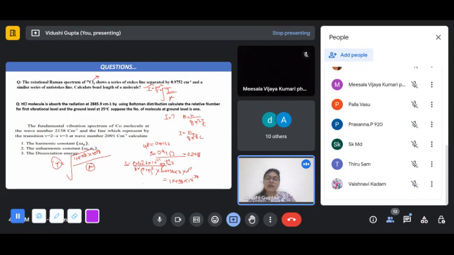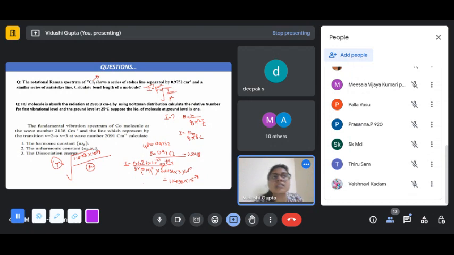What will the reduced mass be? Just 1.621 into 10 raised to minus 27? No, this is not correct.